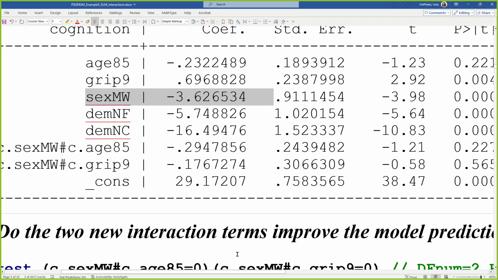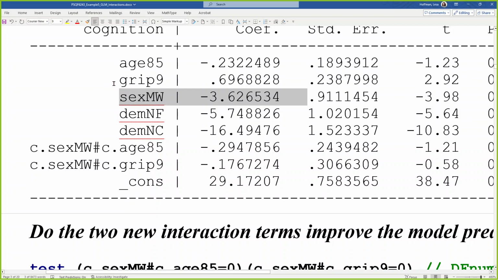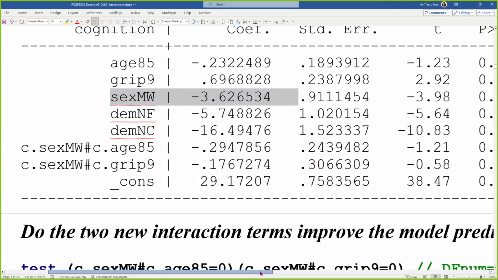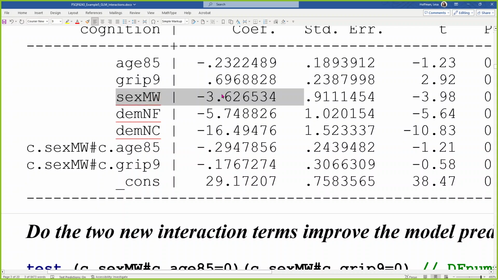Let's spin it the other way. Given the interaction terms, this is the gender difference in what kind of people? Age 85 and grip strength 9. In those people, women are lower, significantly. What happens to that gender difference in older people?